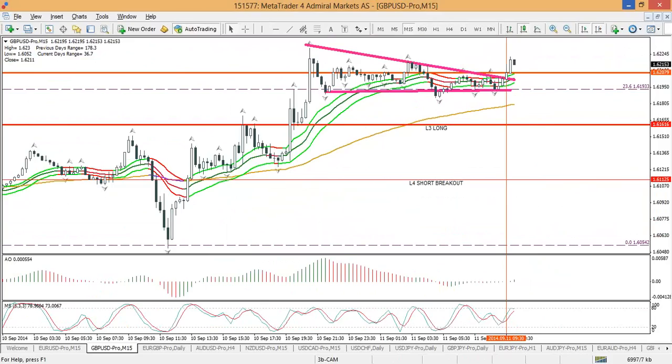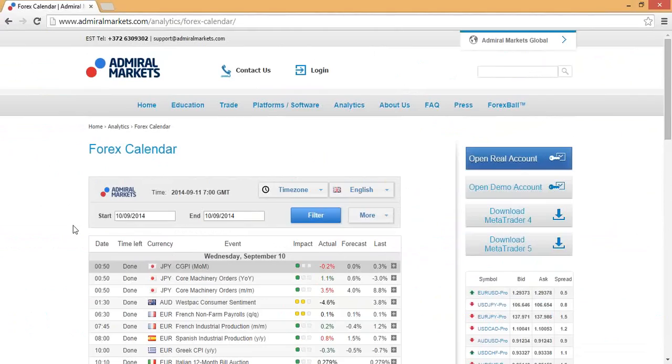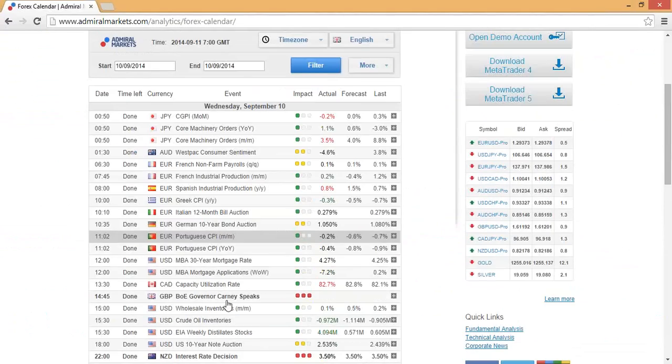Actually, I forgot to look at that with you. We did look at the calendar, it's just that I didn't look at today's events. We have the Bank of England governor speaking, but that's in the afternoon, the London afternoon.